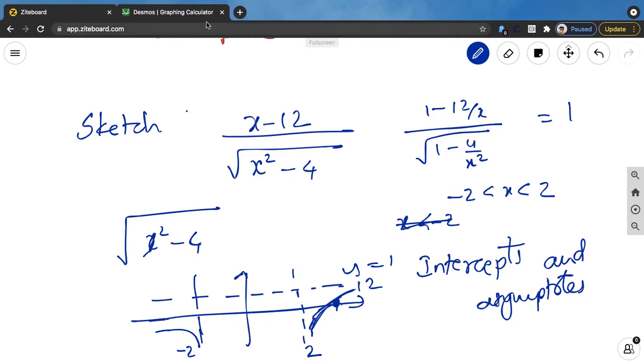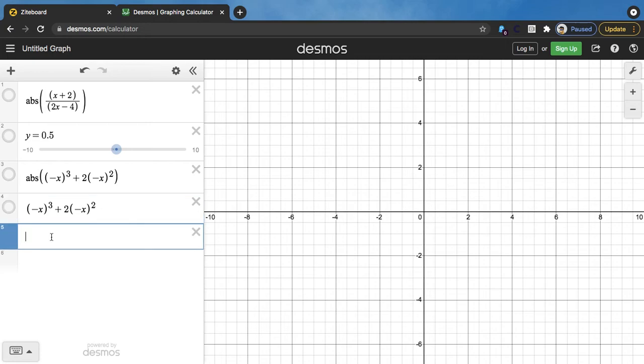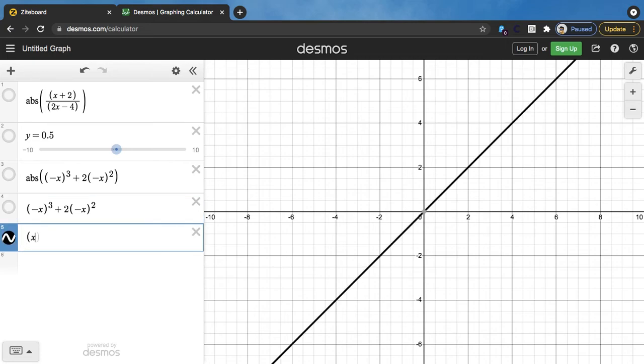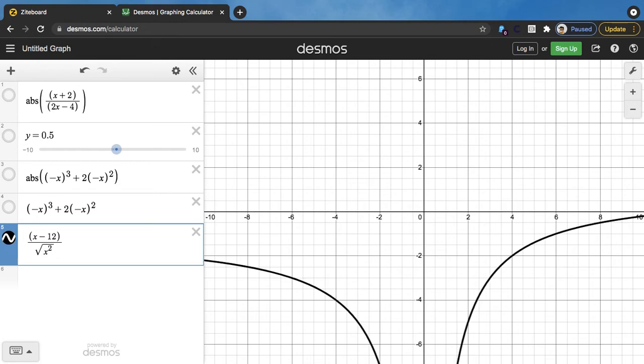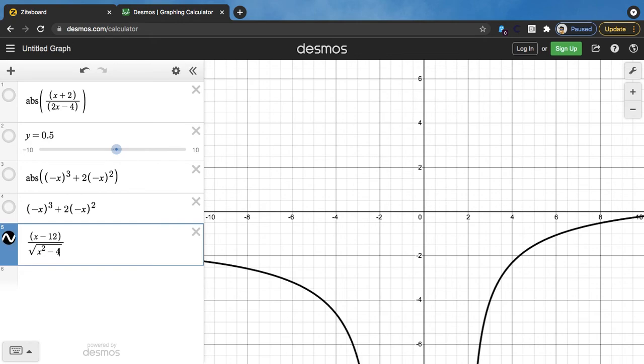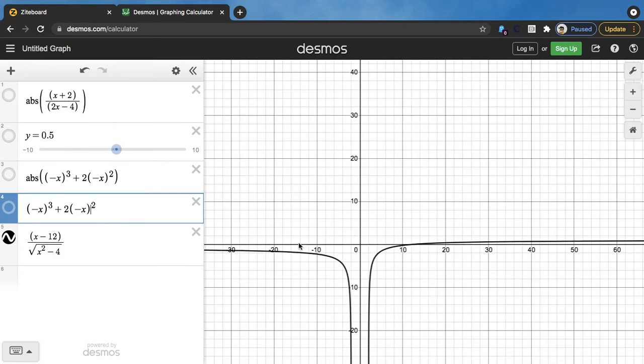So let's graph this and check. x minus 12 divided by square root of x squared minus 4. So look at the graph.